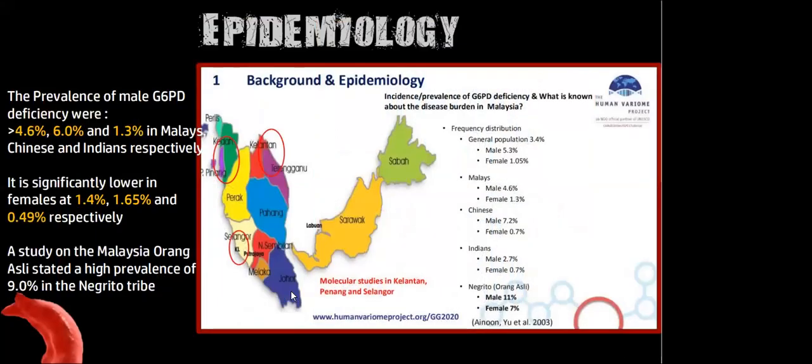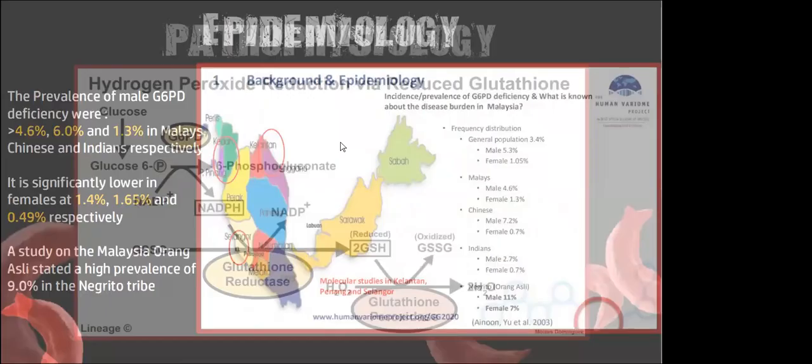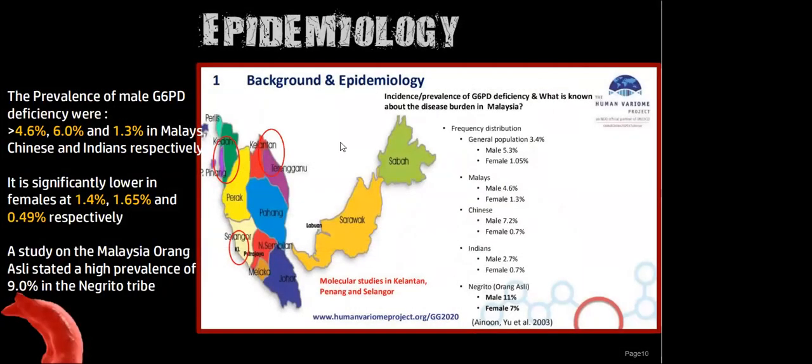Okay, next in the epidemiology, it is said that G6PD is predominantly a male syndrome. So the prevalence of male G6PD is more, which is 4.6% in Malay, 6% in Chinese, 1.3% in Indians, while it is significantly lower in females at 1.4%, 1.65%, and 0.49% respectively.